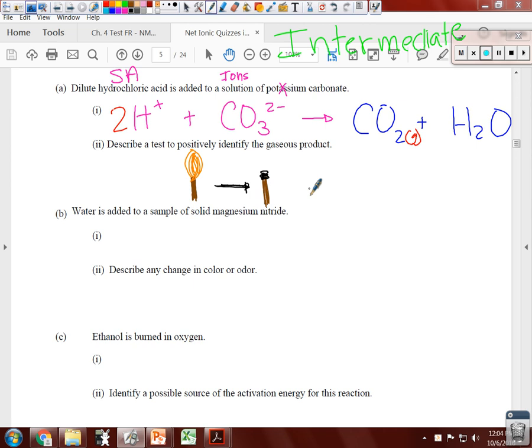Put a match to it. What does carbon dioxide do to flame? It snuffs it out. Okay? When you blow on a flame, what does it do? It blows it out. It's not the power of the wind.